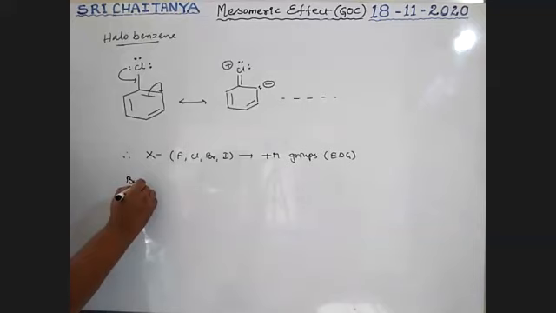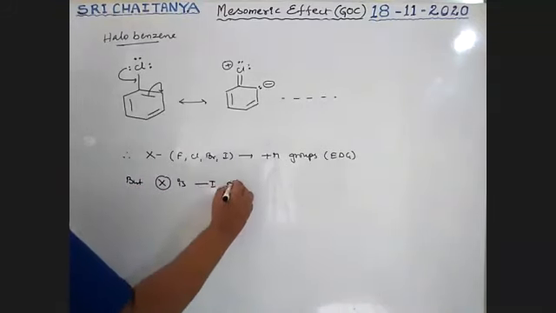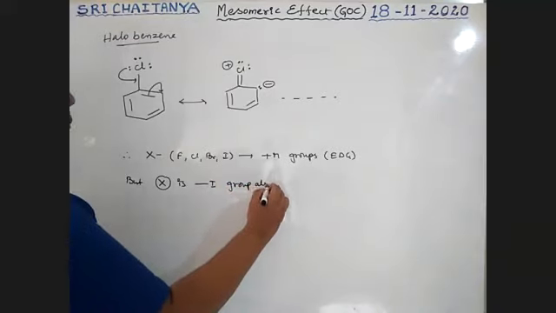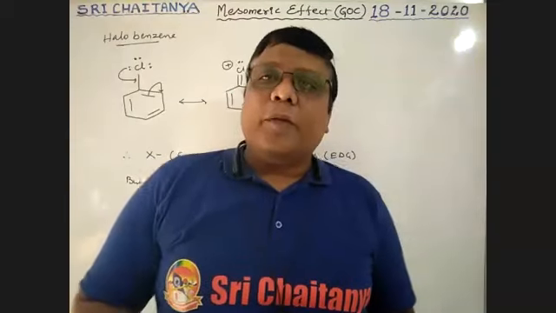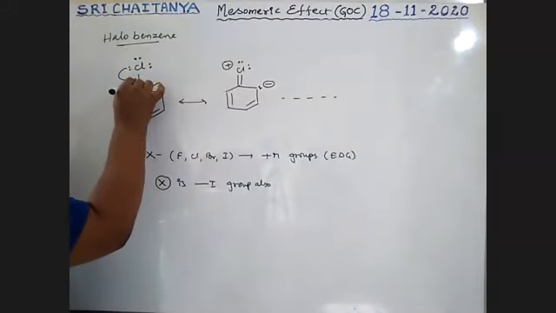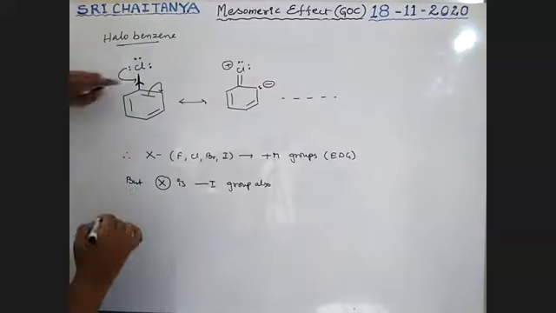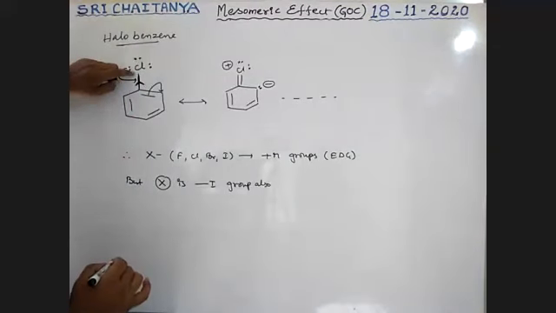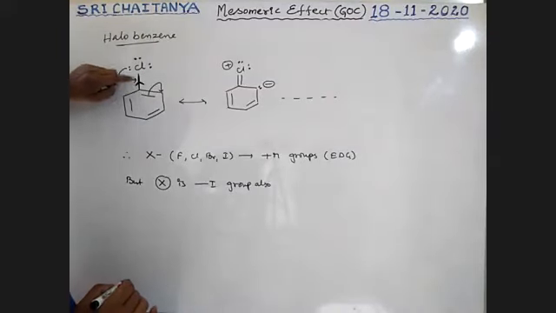But halogen is a minus I group also. With respect to inductive effect, we already explained, boys. If this is a sigma bond with sigma bonded electrons, because chlorine is more electronegative than carbon, these sigma bonded electrons migrate towards chlorine.